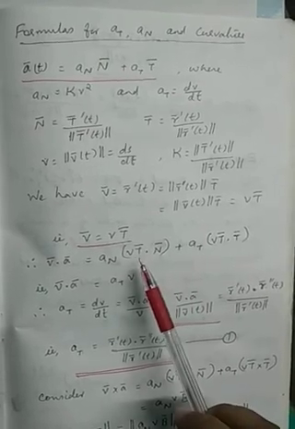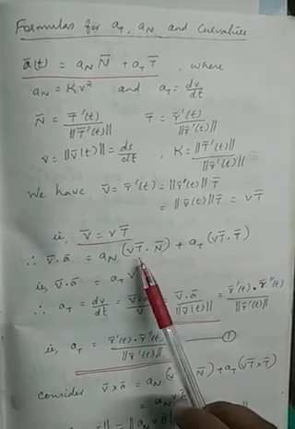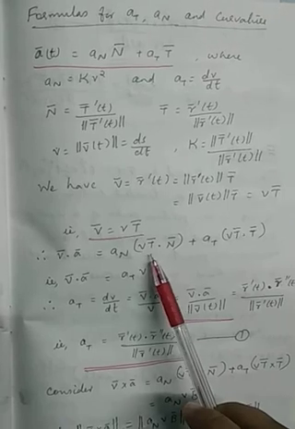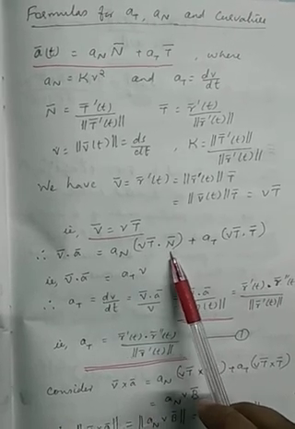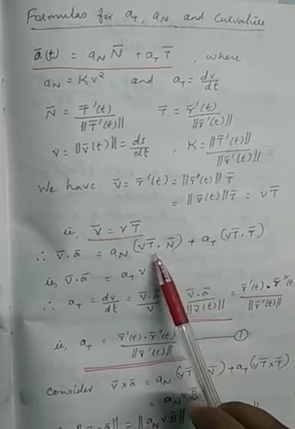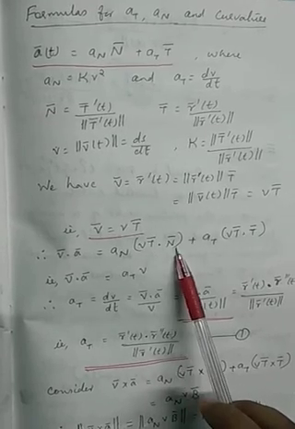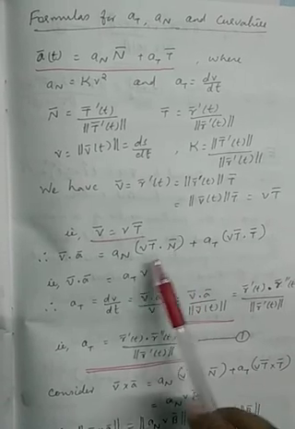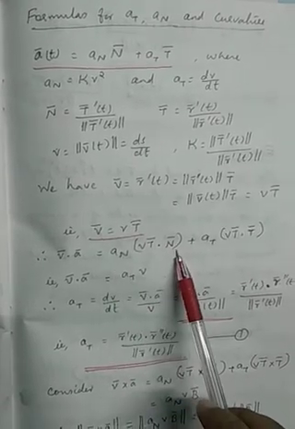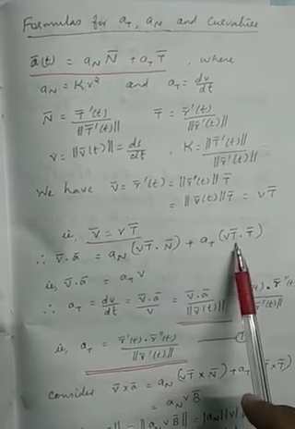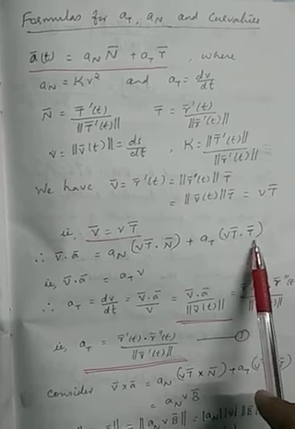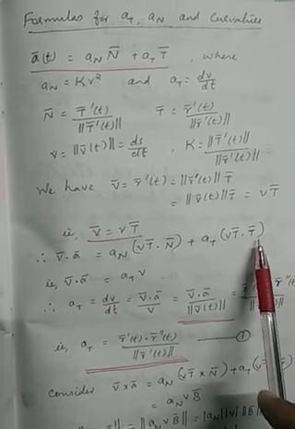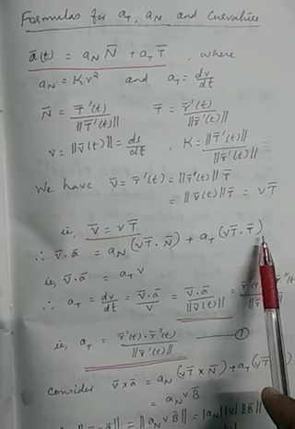And what is T dot N? T is the unit tangent vector and N is the unit normal vector, and these two vectors are orthogonal. So, T dot N is equal to 0. So, the first term becomes 0, and here we have to find T dot T. T dot T is equal to norm of T the whole square.